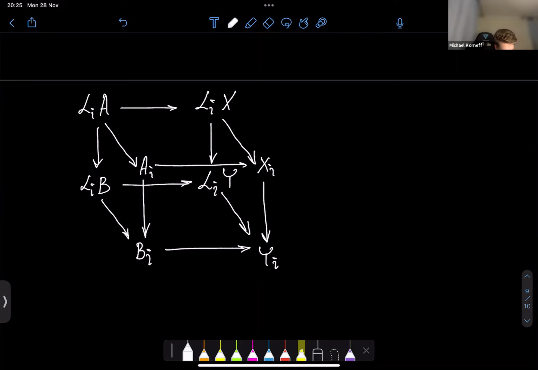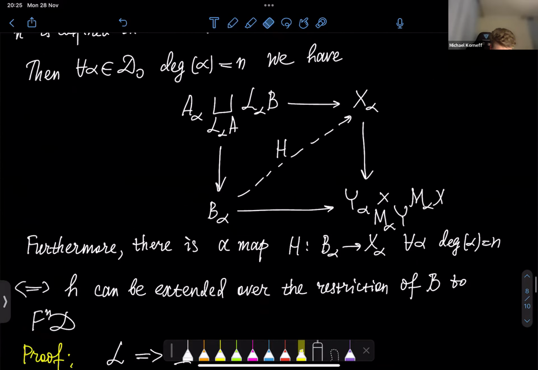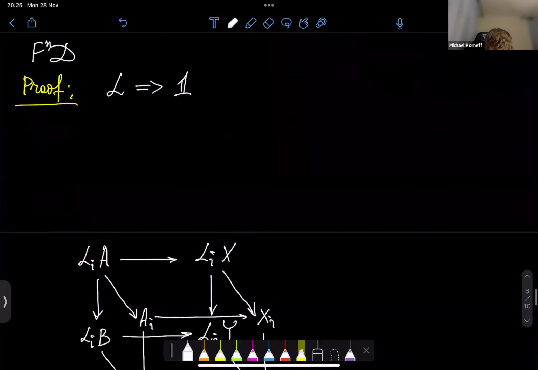But how can we form this diagram? We should choose these maps. What are they?